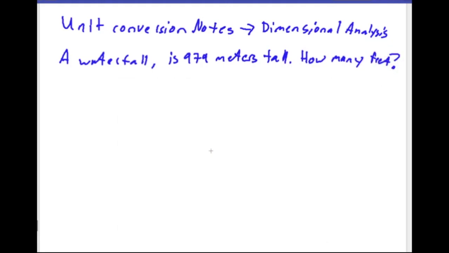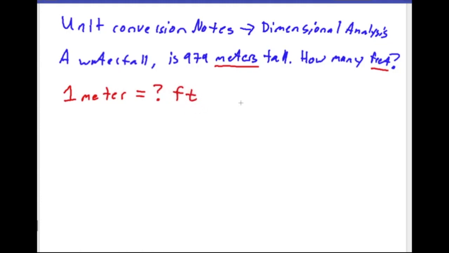In order to do that, we need to look at the units that we're given and the units that we want. If we see really quickly, we're given meters and we want feet. So we need some sort of relationship from meters to feet. So the question is, 1 meter is equal to how many feet?